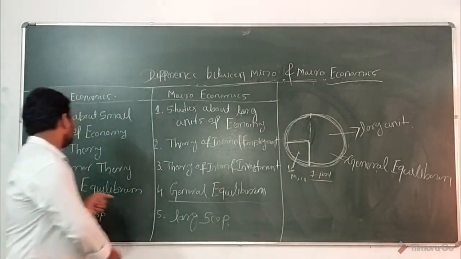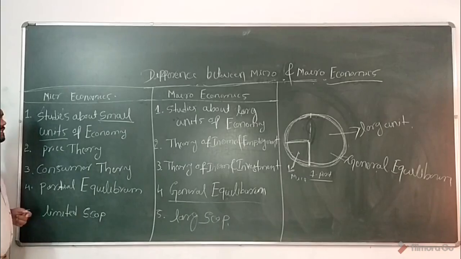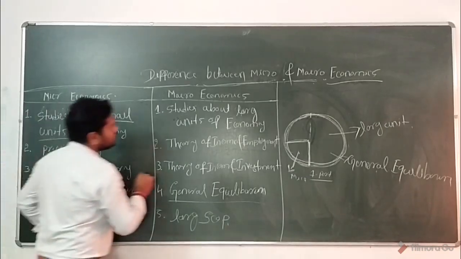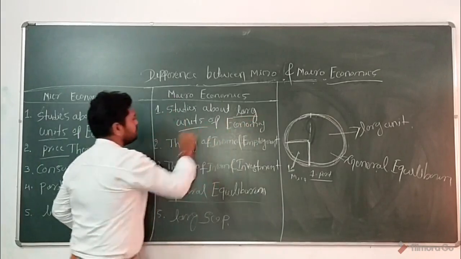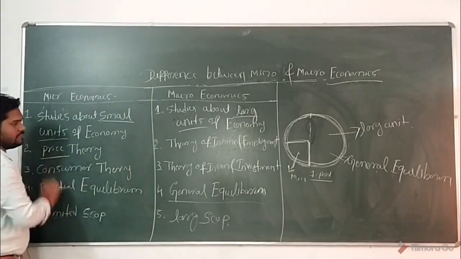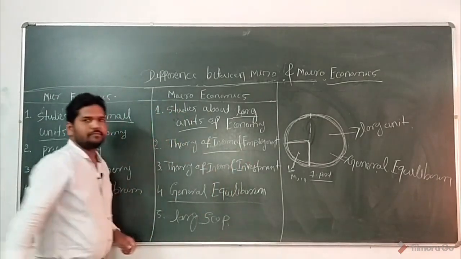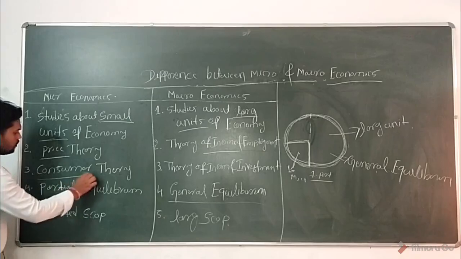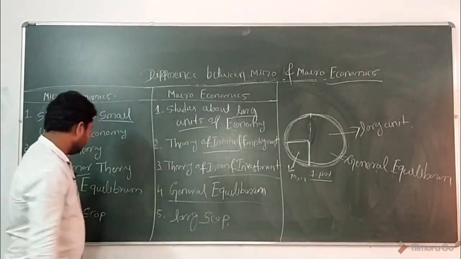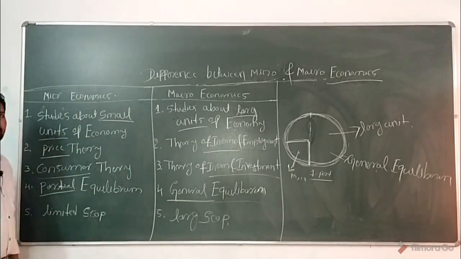Observe. This is small units: the first point is small units, this is price. Here, large units. This is price, then this is income. This is consumer, this is income and investment. Then partial, this is general.